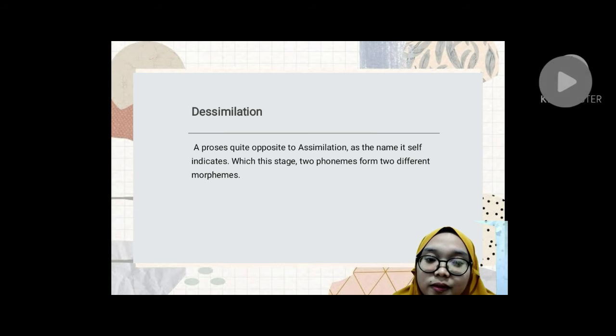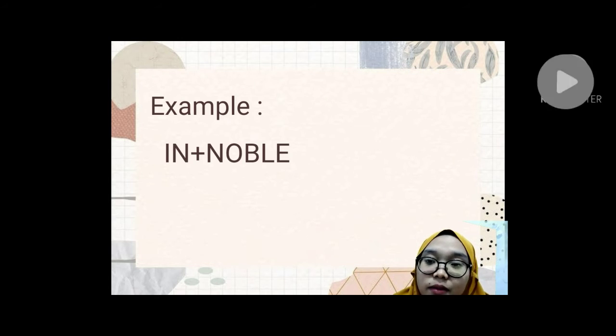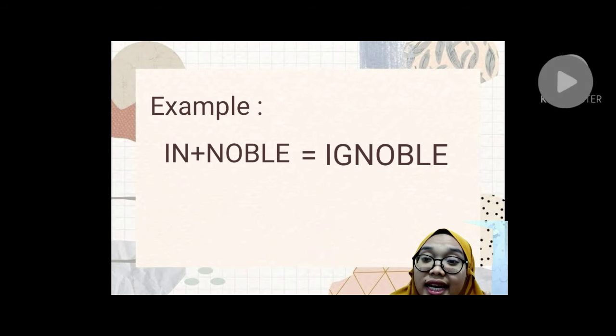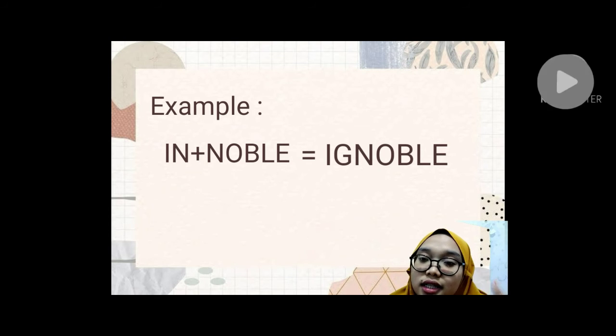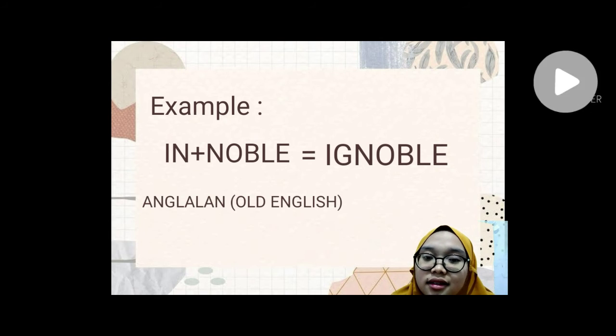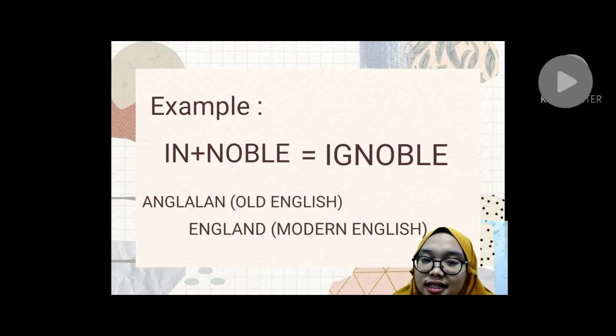For example, there are in- and noble. It would be "innoble", but the correct form is ignoble. The N sound changes to a G sound. Another example is England in Old English and England in Modern English.